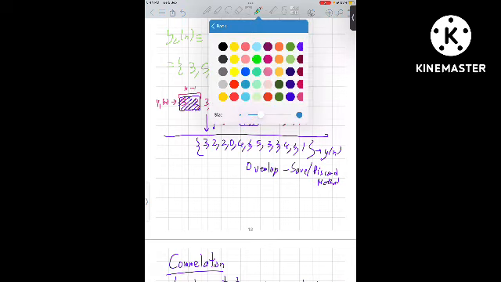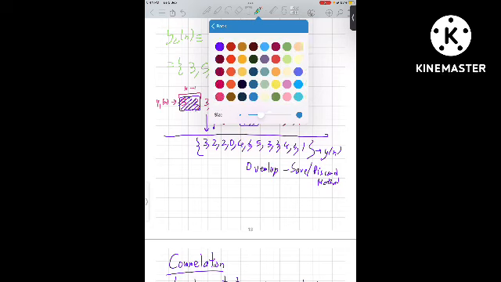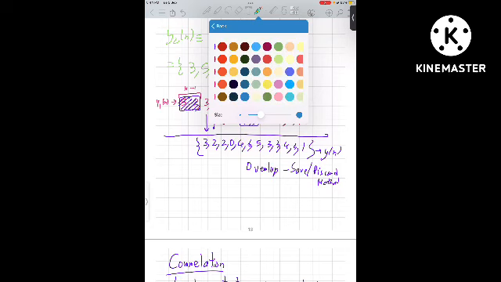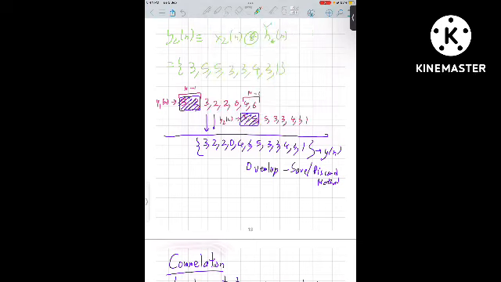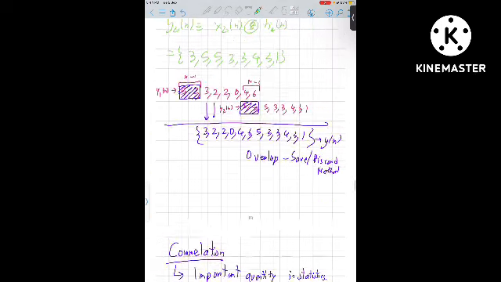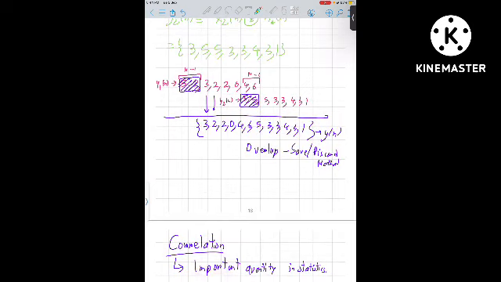X is the number of hours spent in solving numericals.